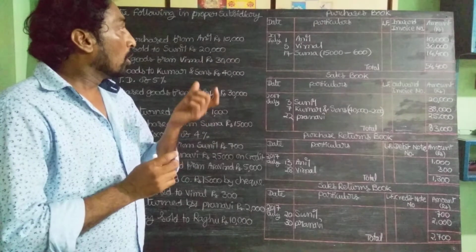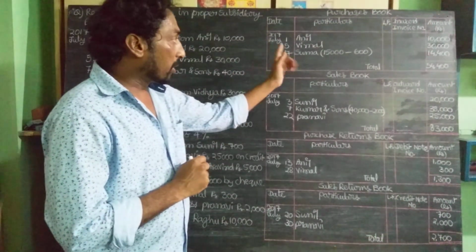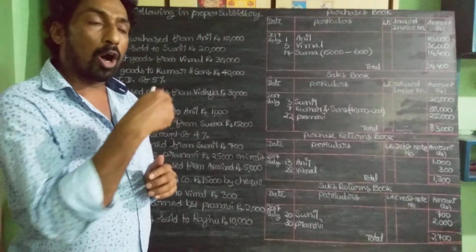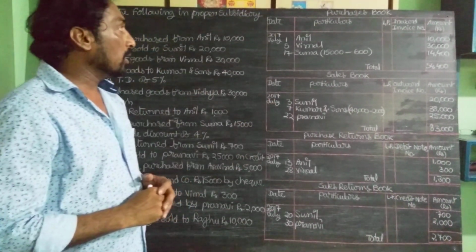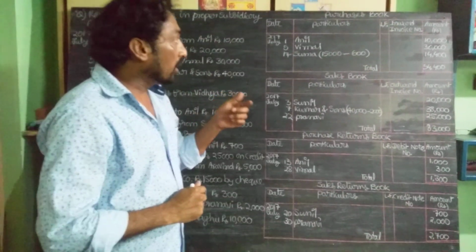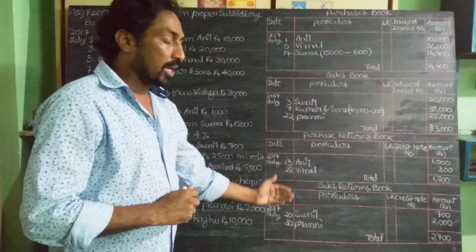Goods purchased on credit only are recorded in the purchase book, and goods sold on credit only are recorded in the sales book. This is the preparation of the subsidiary books related to the purchase book, sales book, purchase returns book and sales returns book.